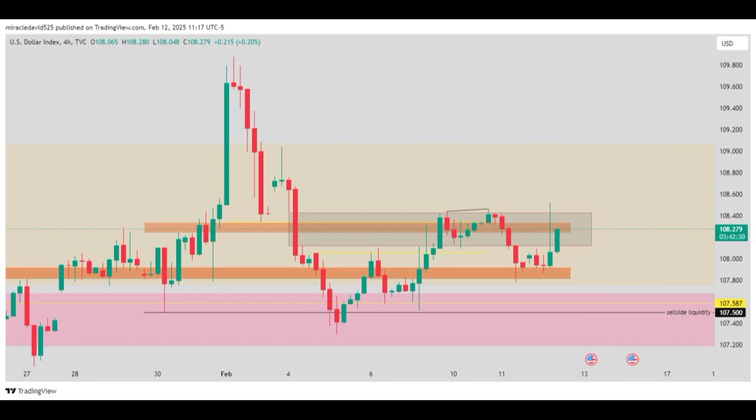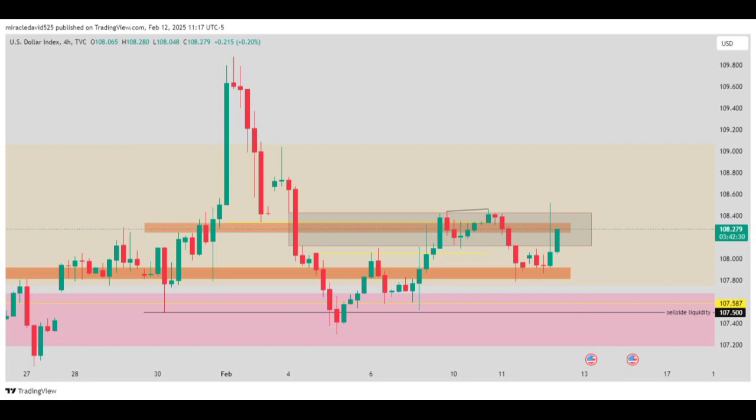This is a 4 hours chart of that same DXY, the same dollar index. From the previous video I was talking of how I'm expecting price to go above this 4 hours level and act as support for it. Price is yet to do that. You can see price is ranging in between the two orange daily levels that we talked about in the previous video.